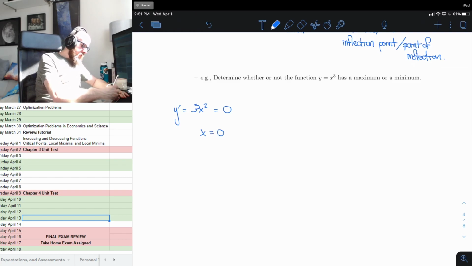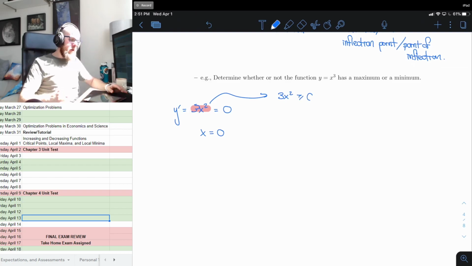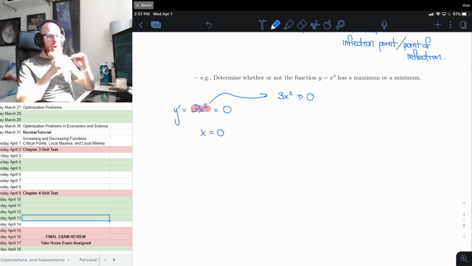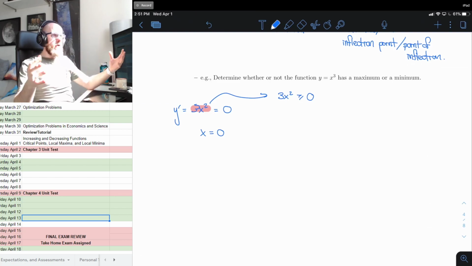However, when I look at this function, I notice 3x squared is always bigger than or equal to 0. What that tells me is this function will never decrease. Y equals x cubed will never decrease, and so there is no way of getting a maximum or a minimum if the function will never decrease.